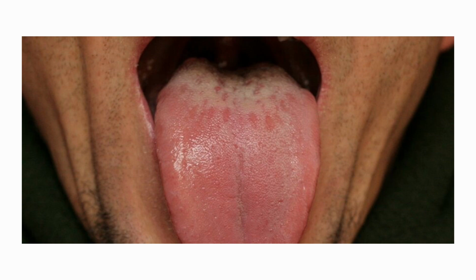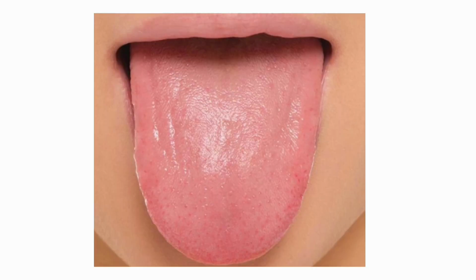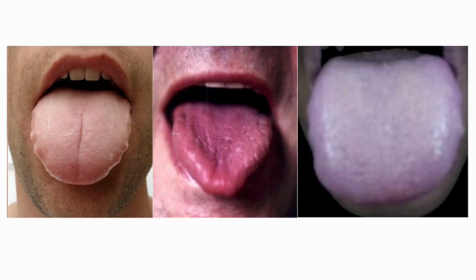The tongue body color reflects primarily the state of the yin organs and blood, and it shows conditions of heat or cold and of yin or yang deficiency. The normal body color is pale red. Traditionally, 5 pathological colors are described, that is, pale, red, dark red, purple, and blue.